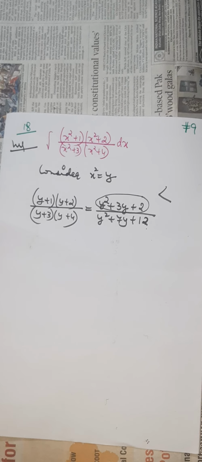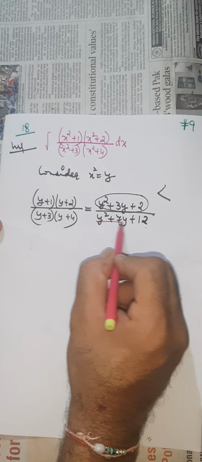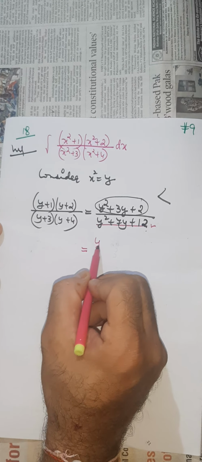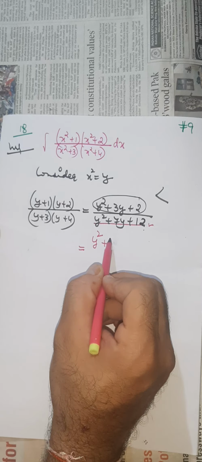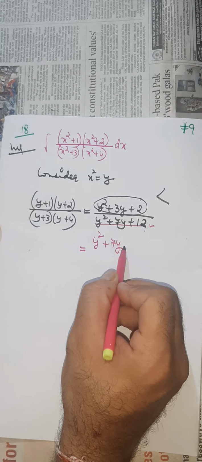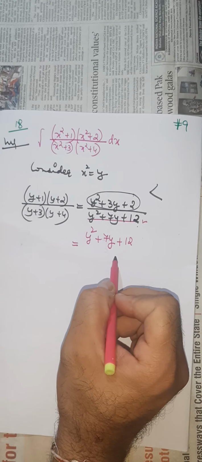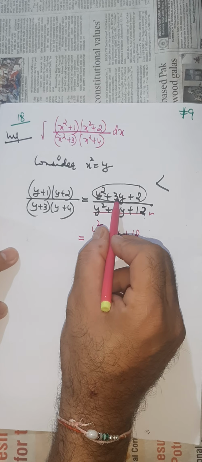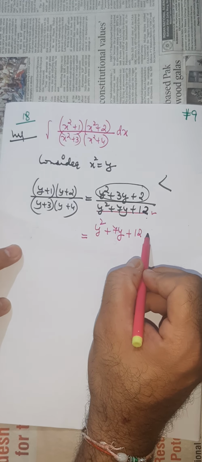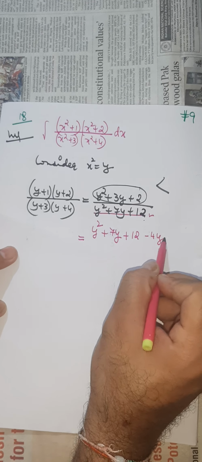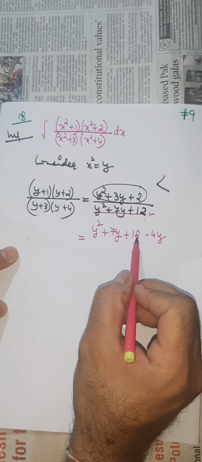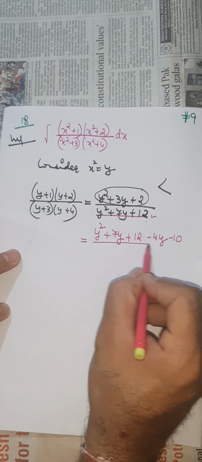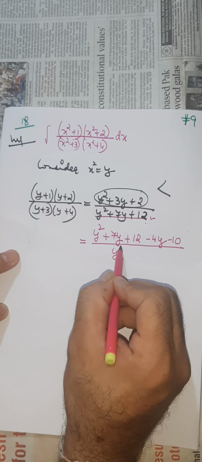What we do in such questions is set this denominator over there in the numerator. So I need y², I need 7y, so I'll write plus 7y, I need plus 12, so I'll write plus 12. Now what extra have I chosen? I have 3y, but I wrote 7y, so I need to write minus 4y. I have plus 2, I wrote plus 12, so I need to write minus 10. You can just check, this is same as numerator.